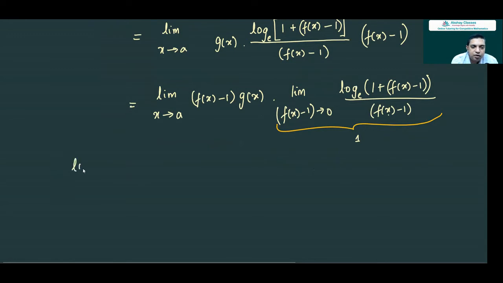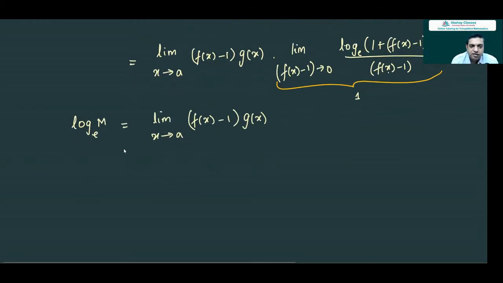So we have log m to the base e is limit x tends to a f of x minus 1 into g of x. So what we get is m, which is nothing but limit x tends to a f of x to the power g of x.